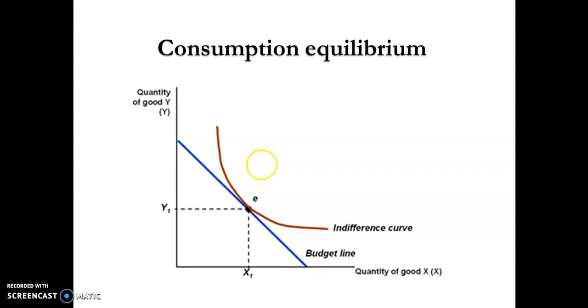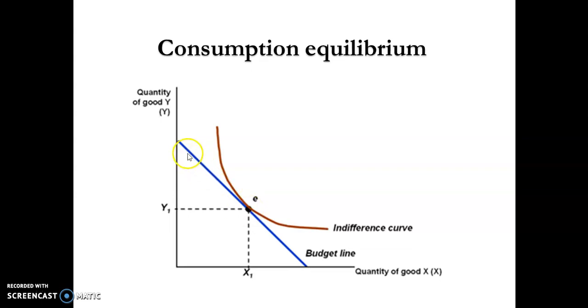So at point E, that is the point where the consumer maximizes satisfaction. You can see the budget line and the indifference curve touch at a point, and they are tangent at that point. So no higher satisfaction can be obtained.